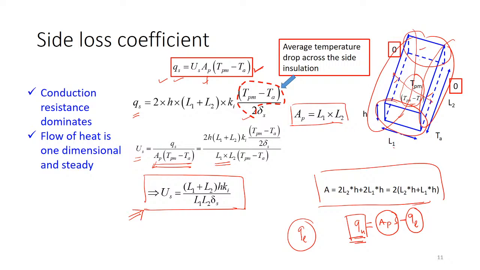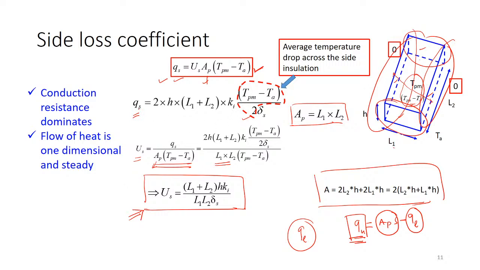We have to consider the losses from TPM to TA. When losses are taking place in all these four directions, we have to take the average losses, so that will be TPM minus TA. That's how we have done the calculation here.